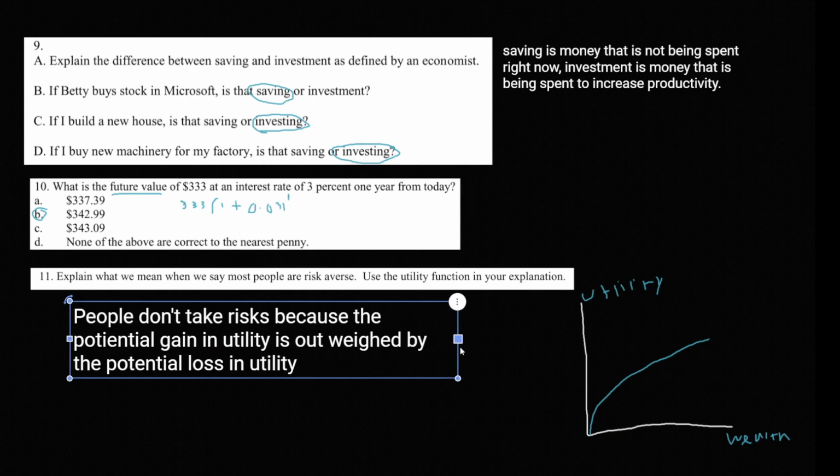People try not to take risks if the gain and loss are about the same, because it will hurt their utility more losing it than it will gaining it.